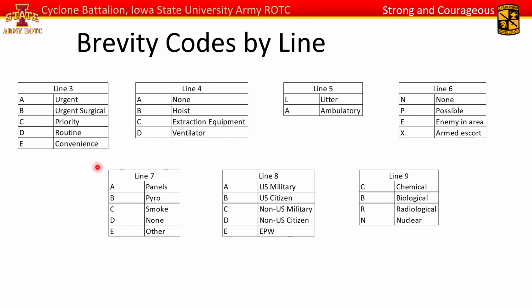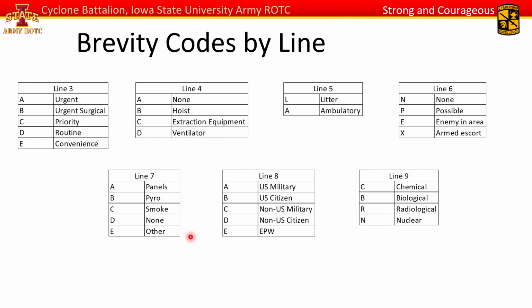So then we'll move on to line 7, and we have the different types of marking here. So a key note about line 7, you will transmit the brevity code to specify what your marking is, but say you have different colored panels or pyro or smoke, you're not actually going to transmit the color of that, and that is in case somebody is listening on the radio and they can intercept that and potentially attack your pickup site, and you don't want to have that happen.